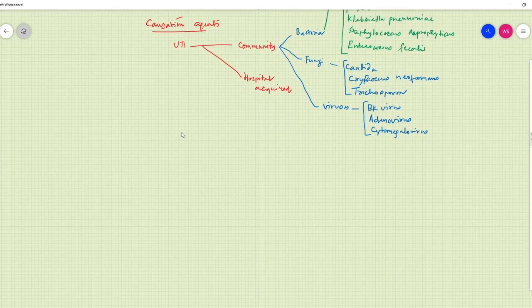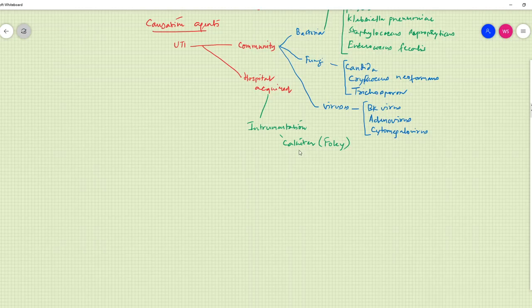So what about hospital acquired? Hospital acquired is if you are instrumented, meaning the patient is instrumented with, say, a catheter, like a Foley's catheter, which is used to drain the urine.